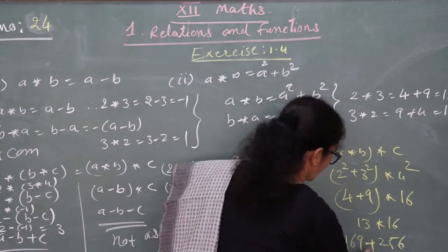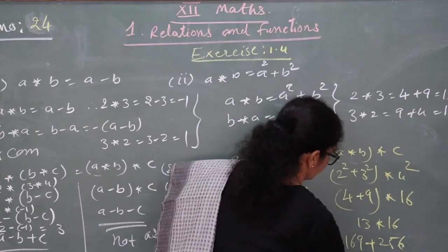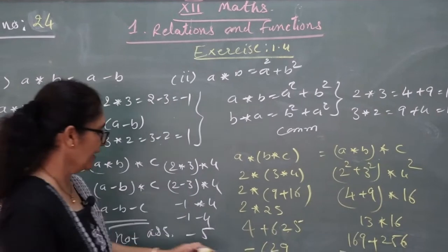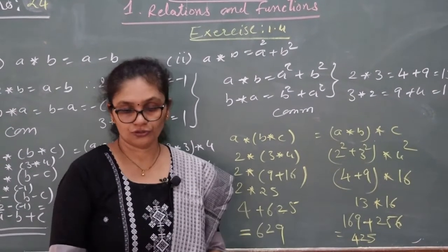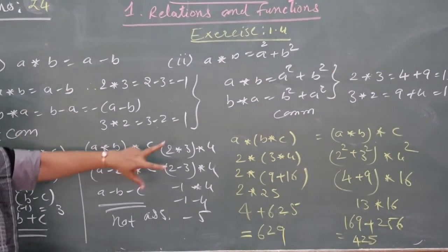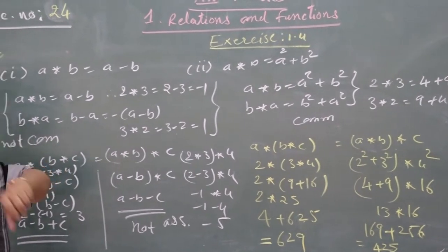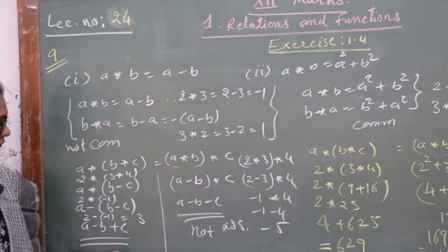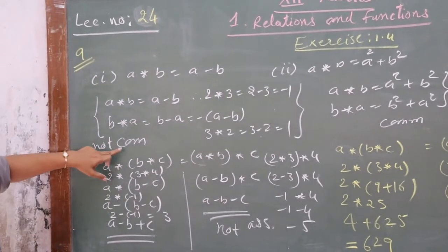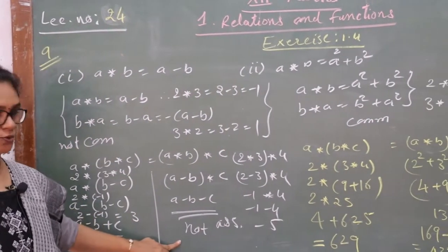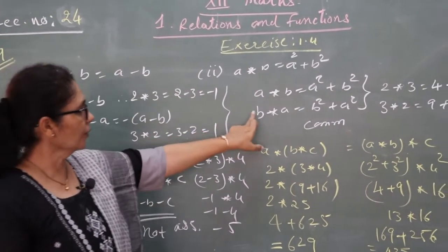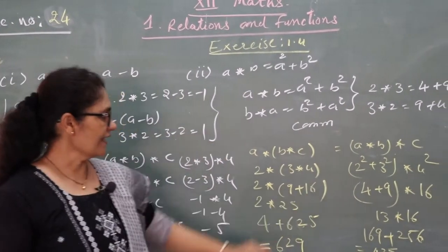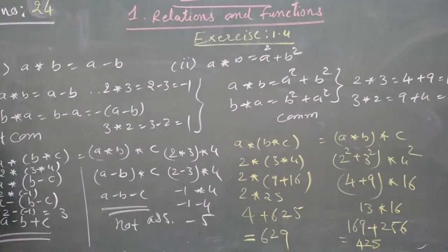Now when you add it, you get 425, and this one is 629. So from these two results you can say it is not associative. It is commutative but not associative. So in the first question you get not commutative, not associative. But in the second question you get commutative and not associative.